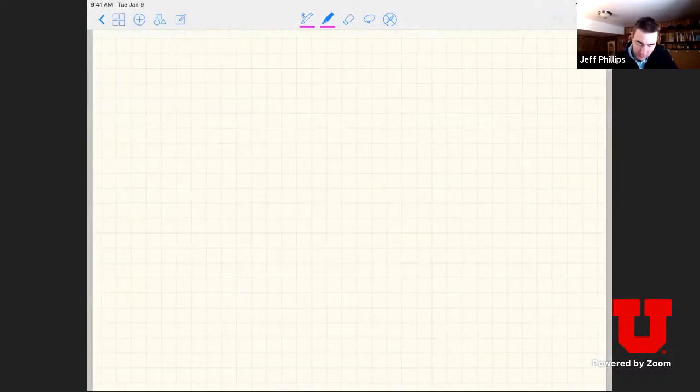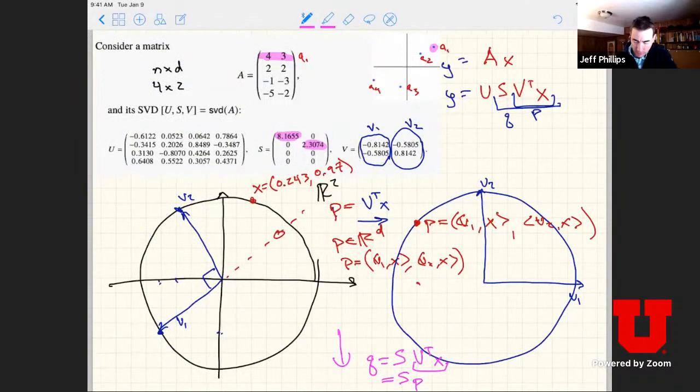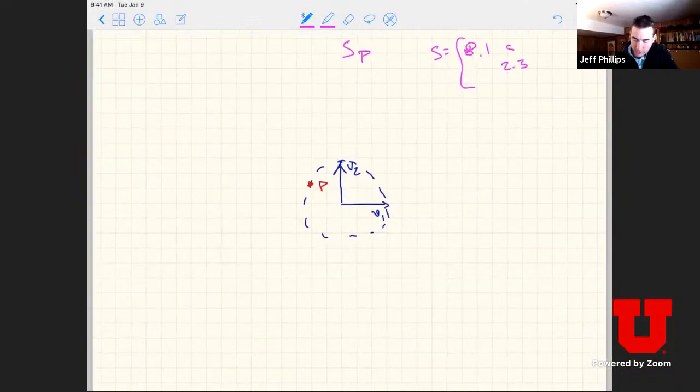Okay, so let me try and draw this now with more space. Now let's say this is V2, this is V1. Remember, I ended up with my point P about here. Now I'm going to do S times P, and S is equal to 8.1 and 2.3, with zeros elsewhere.